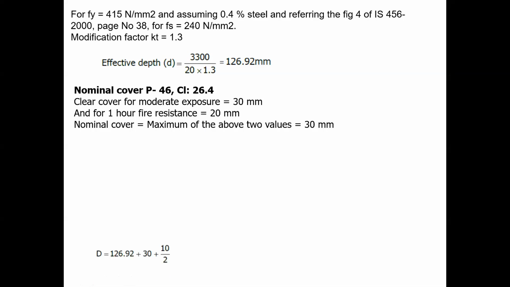Okay, understood. Next, overall depth D is equal to effective depth plus the clear cover plus half of the dia. So how much are you getting? Sir, 161.92.